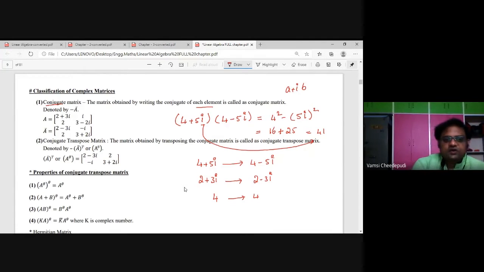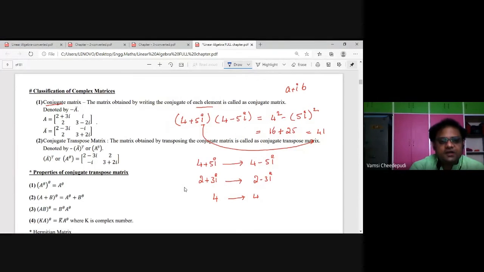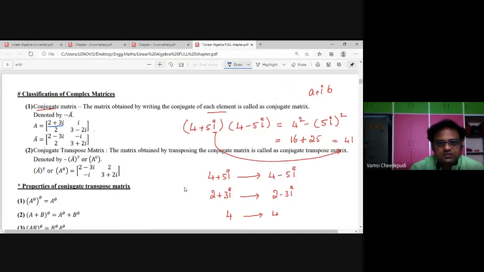Okay sir, I got your point. In your example, there is a matrix A. The first element of matrix A is 2 plus 3i. The conjugate of 2 plus 3i is 2 minus 3i. The conjugate of i is minus i.